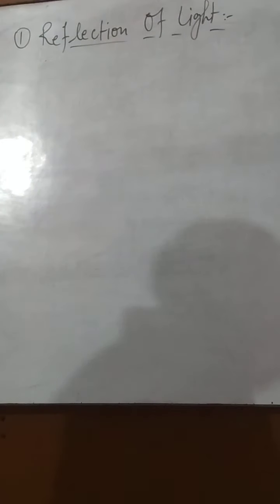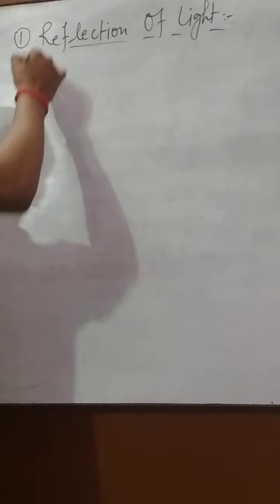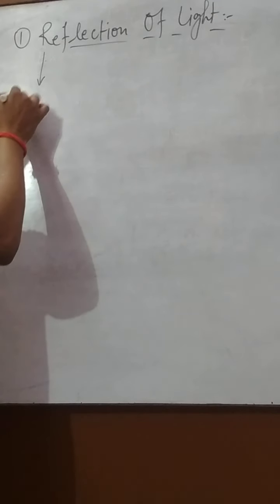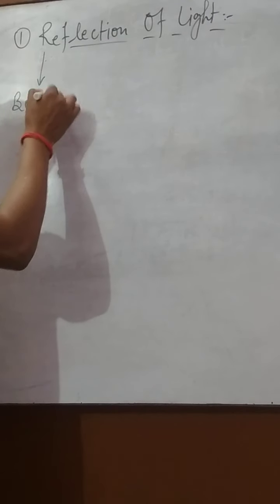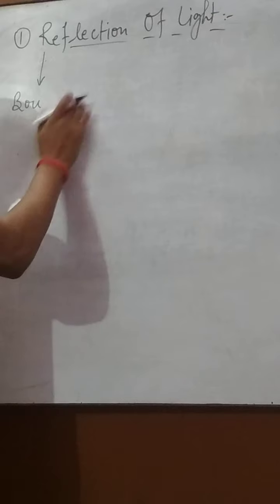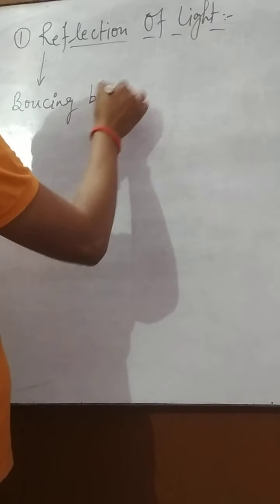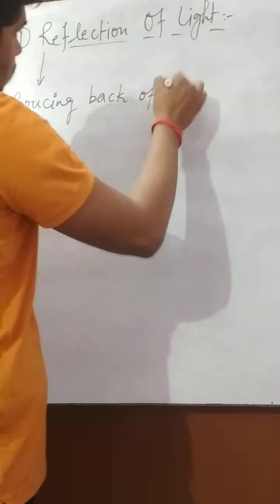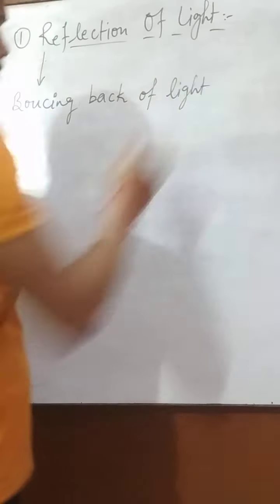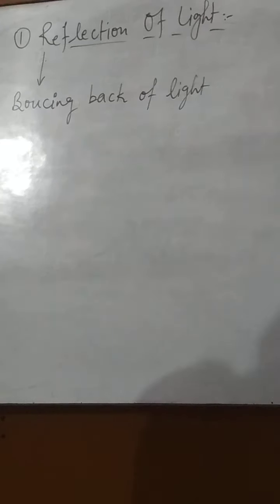What is reflection? You can define it this way: the bouncing back of light is known as reflection of light.